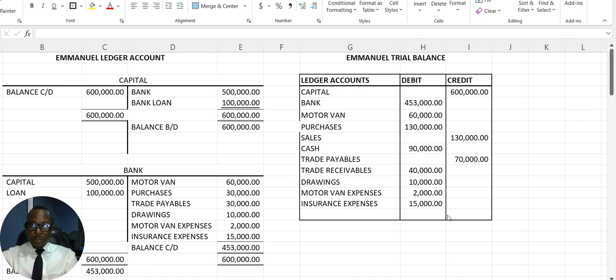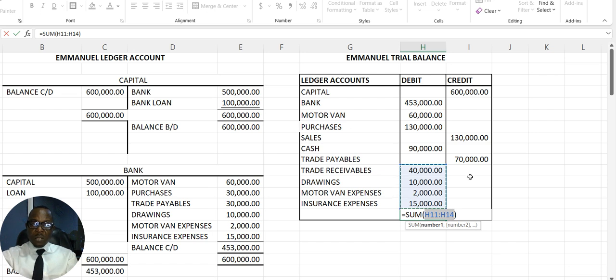All right. So at this point, we have finished preparing our trial balance. So the next thing is for us to check if both sides are equal, because each side of the trial balance must be equal. Both sides must be equal. Let's see if I can do a shortcut.